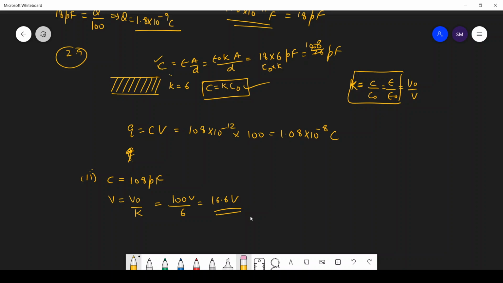After the supply is disconnected, this will be the potential difference between the capacitor plates.